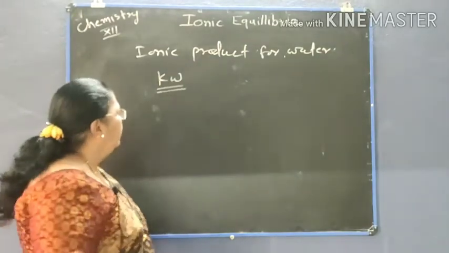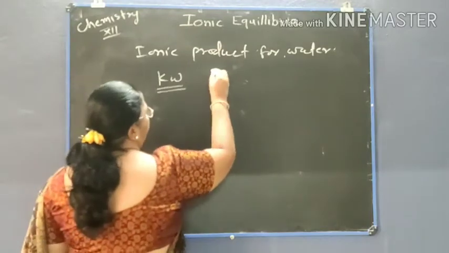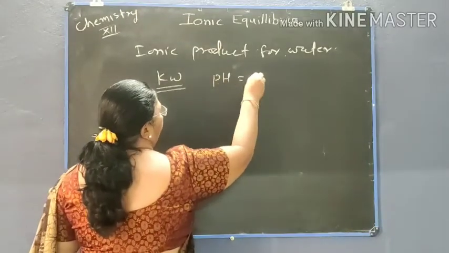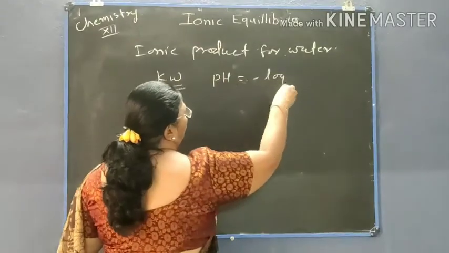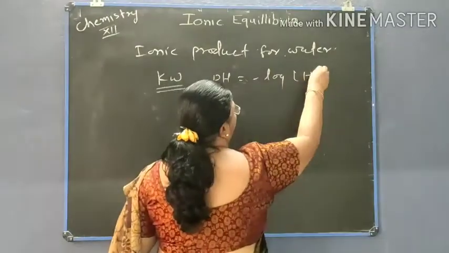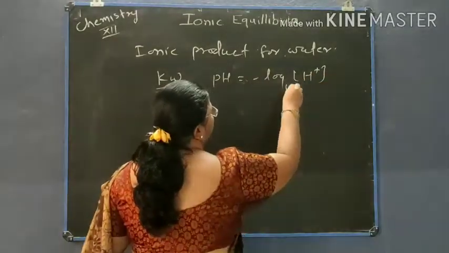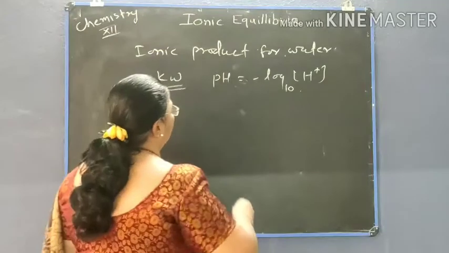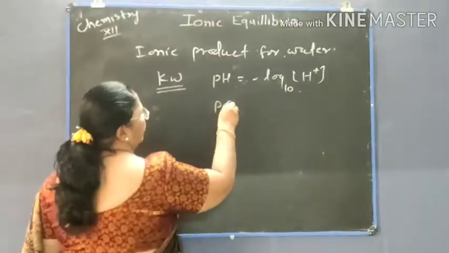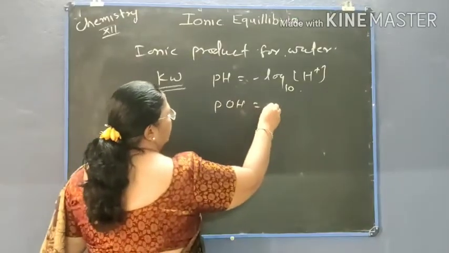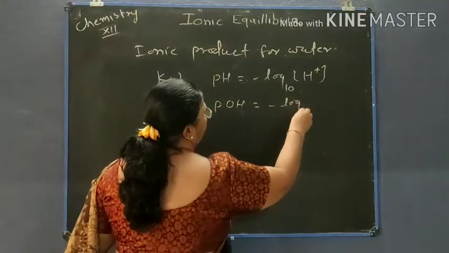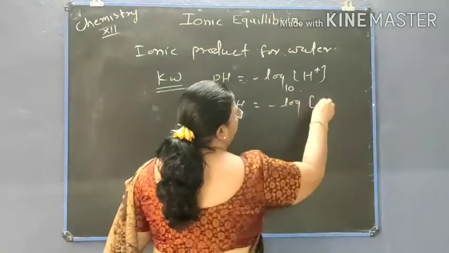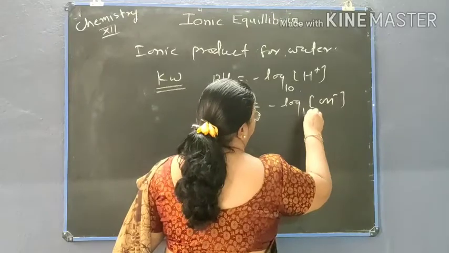You know that pH is the negative logarithm of the concentration of H plus ions to the base 10. Again, what is meant by the pOH? pOH is the negative logarithm of the concentration of OH minus ions to the base 10.